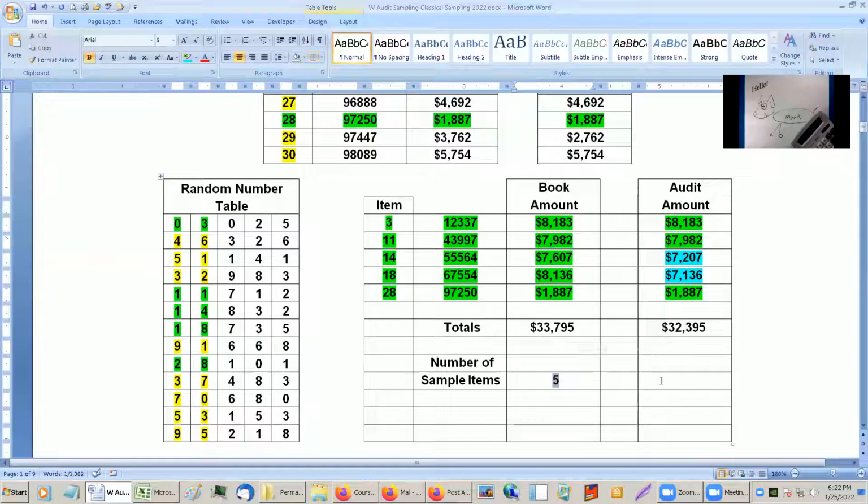So this will be our average: $64.79, and $67.59.